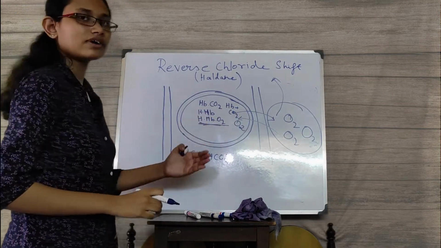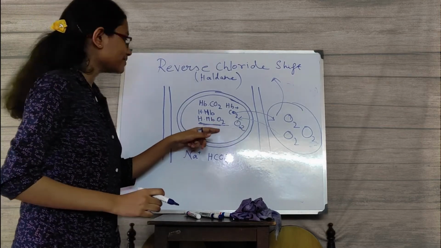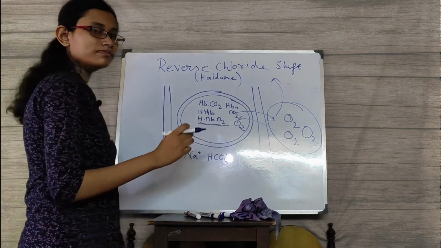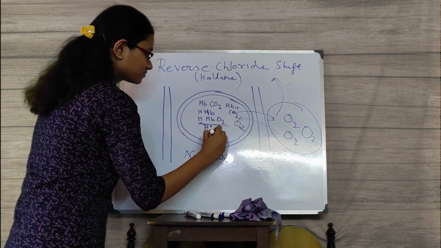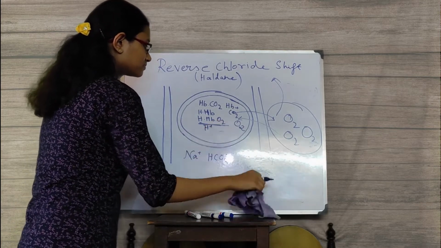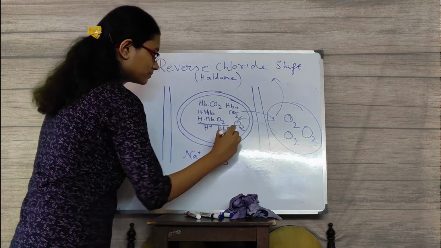As the concentration of carbaminohemoglobin is decreasing, this oxyhemoglobinic acid will also lose its stability, and it will form H plus and carboxyhemoglobin.